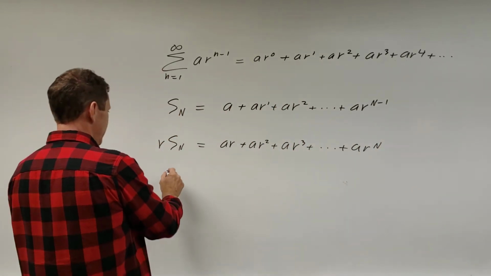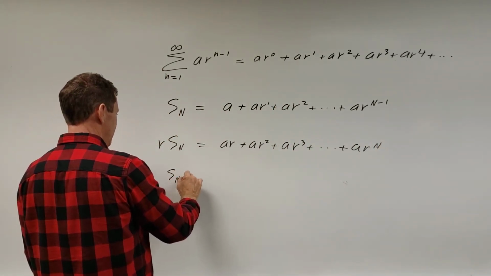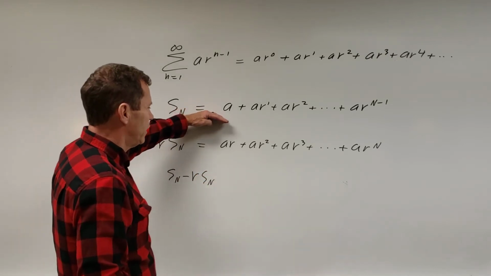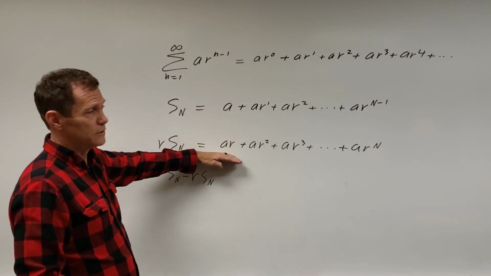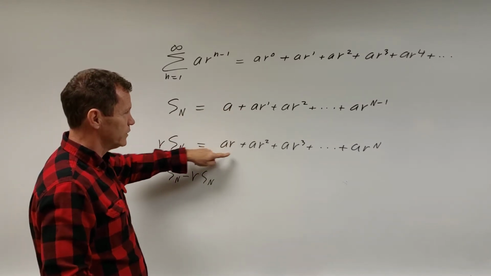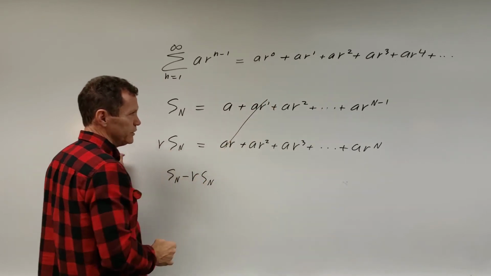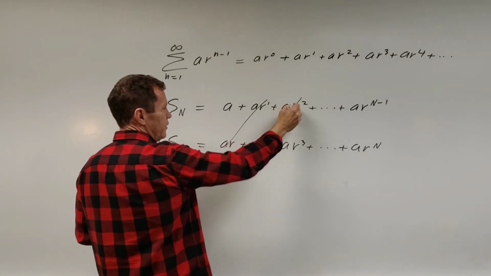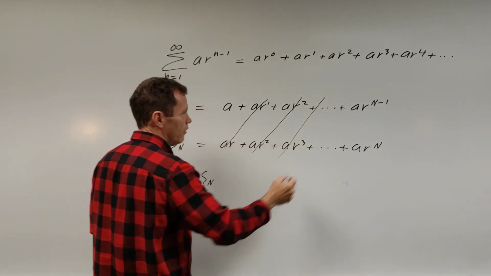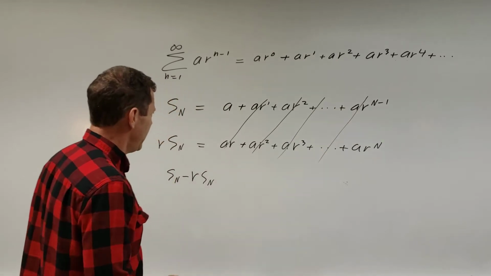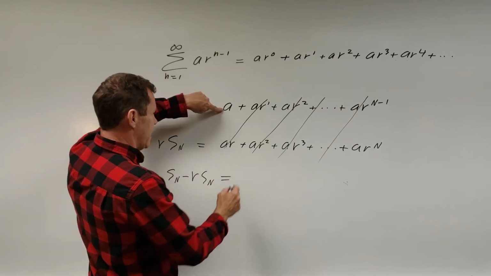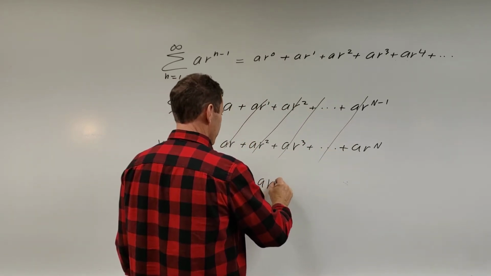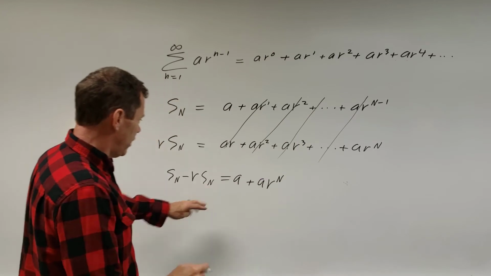Now what's S n minus r S n? These guys are going to be pluses, these guys are going to be minuses. So if that's a plus and this is a minus, what's going to happen to these two guys? They're going to kill each other off. Everybody's going to kill each other off diagonally. The only ones left will be this guy and this guy. And now we can do a little algebra.